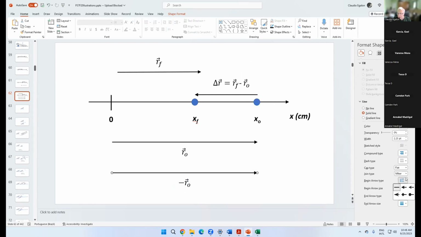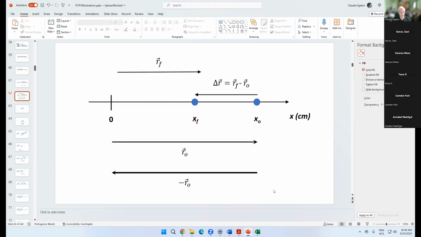I just invert the direction of the arrow here. Let's increase the size of everything.